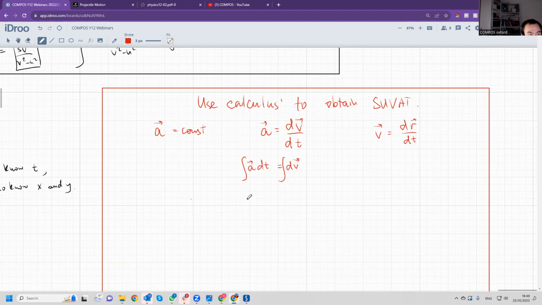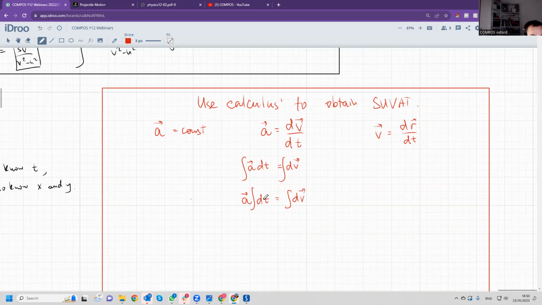When we integrate, we have a constant. Because acceleration is constant, we can take it out: a times the integral of dt is equal to the integral of dv.